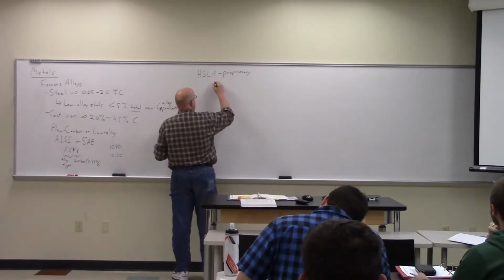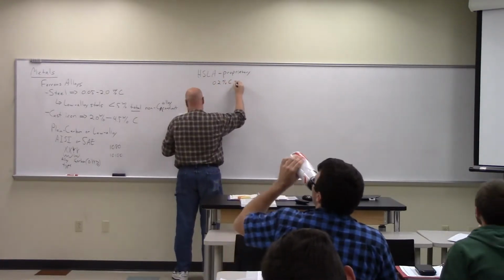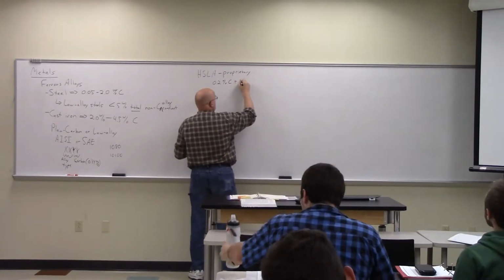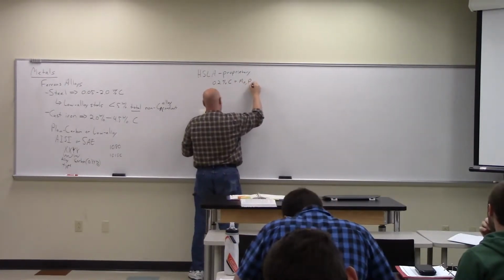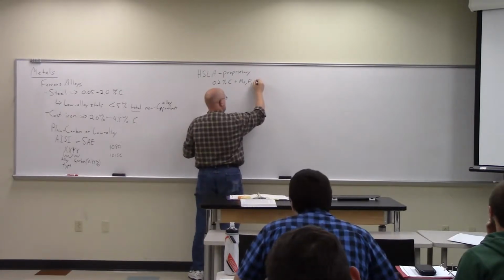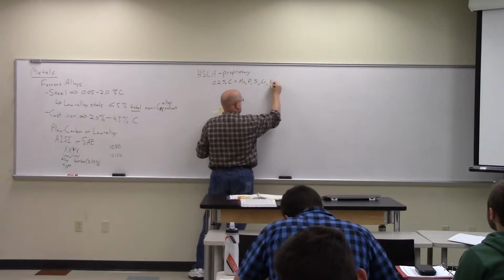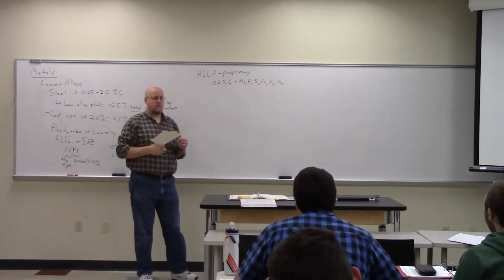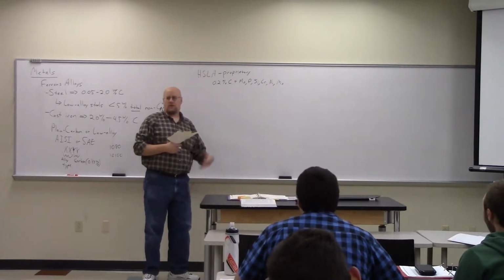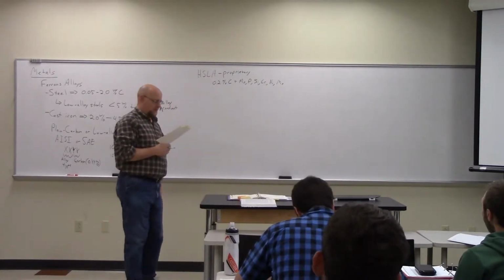So for instance, you might have something that says it's 0.2 weight% carbon plus some combination of manganese, phosphorus, silicon, chromium, nickel, or molybdenum, and maybe something else in there.